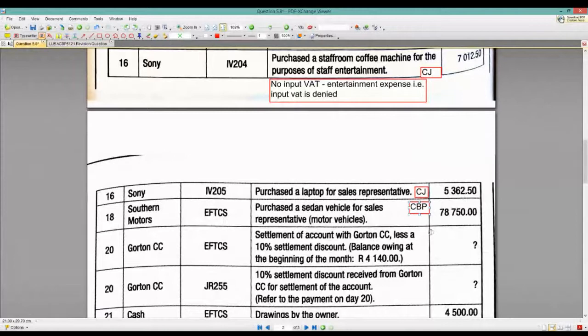So that vehicle that we've purchased for the sales representative, that is seen as a normal motor vehicle, would we be able to claim input VAT for that amount?